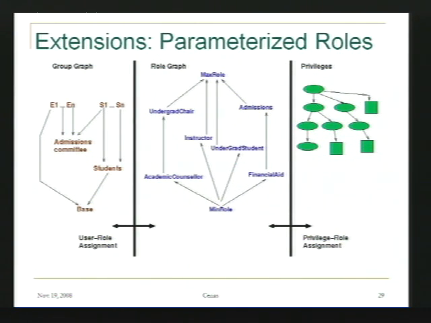So what are some of the extensions we did to the role graph model? In this example, we have a role for undergraduate student. And what we would like to do is to assign this group called students to this role called undergraduate student. Now, the dirty little secret is that what we assign to a role is actually an object access mode pair.